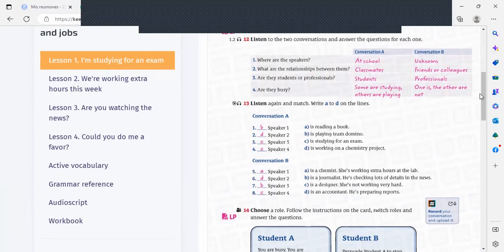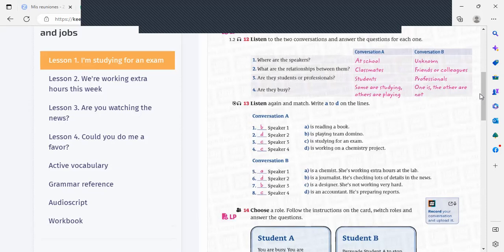They were in 2 different places. Number 1, we can say it was easy to identify, they were at school. Maybe the first conversation is in a school, and the second one maybe in an office. Okay.